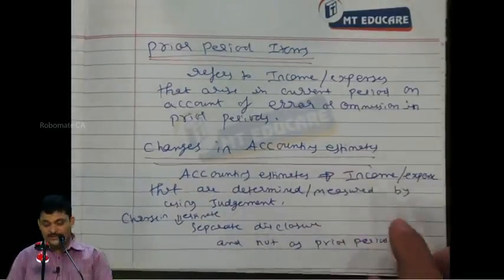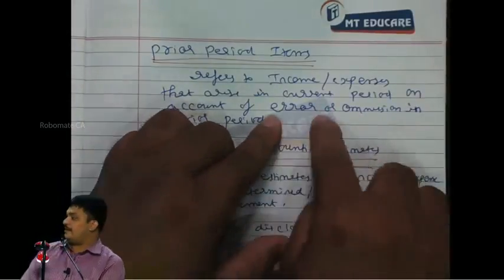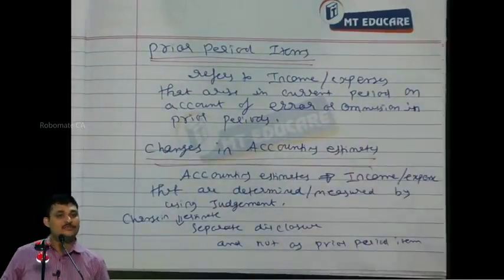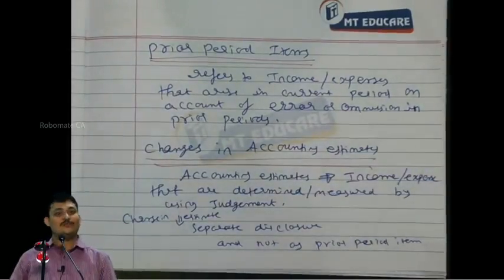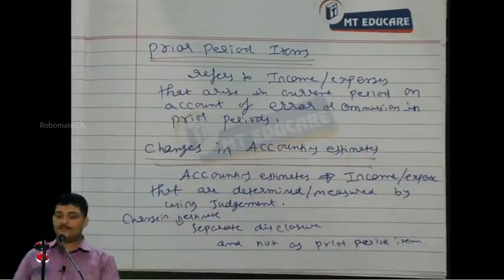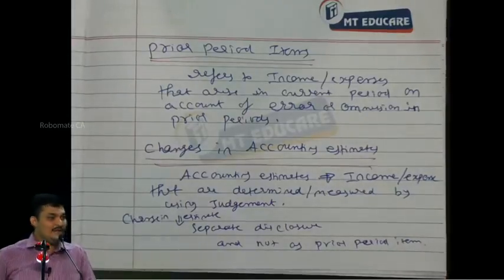Here we consider only error or omission: accounting error, mathematical error, not judgmental error. Understood? We expected this much loss only, but that came out not correct. So because of the additional loss, it does not come as prior period. Changes in accounting estimate you will provide for in the current year only. Is that clear, friends? Yes, sir. Now listen.